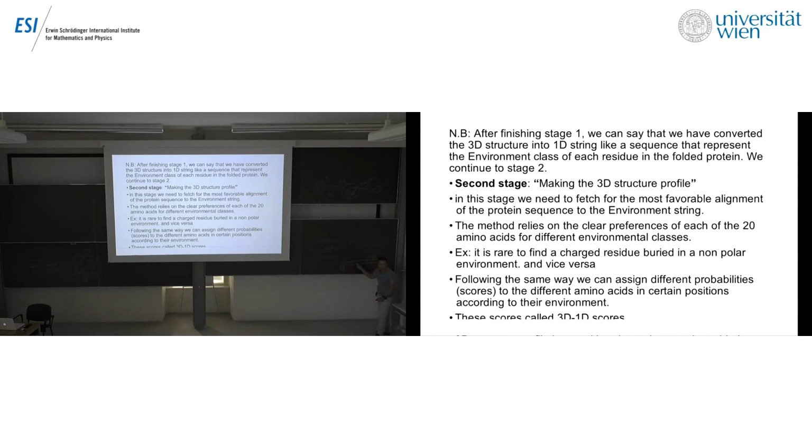Each of them has an environmental classification, and with the knowledge of the 3D structure, we know where the polar part is and where the non-polar part is. So we give scores to each amino acid according to that, and also according to its preference of being in an alpha helix or beta sheet or random coil, okay? So it's all about probability. We take the amino acids, we take the preferences, and we multiply them together.